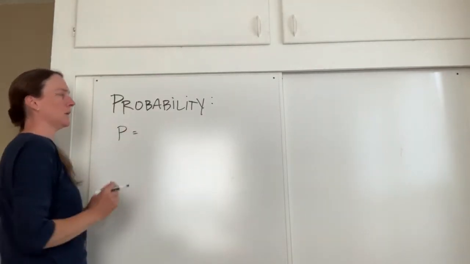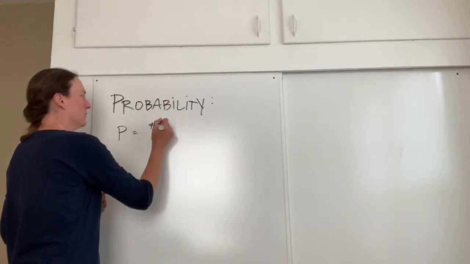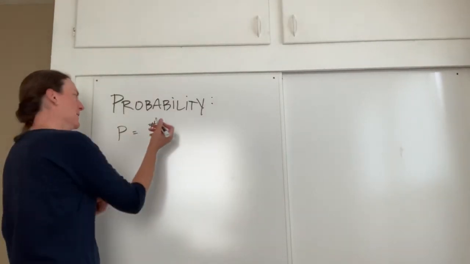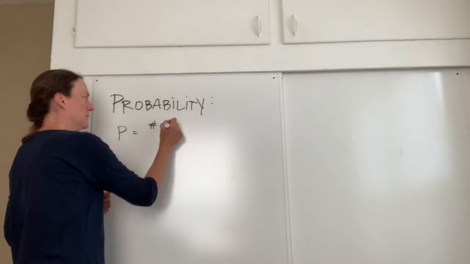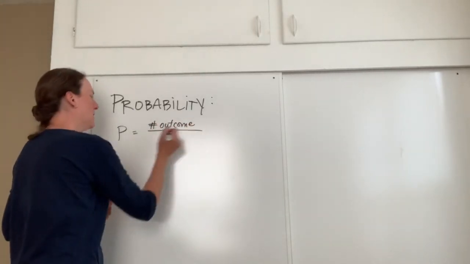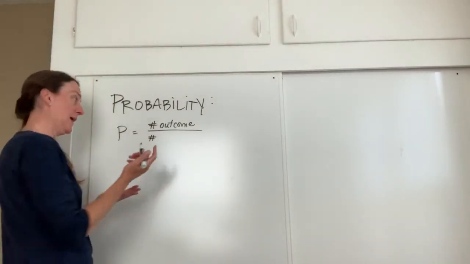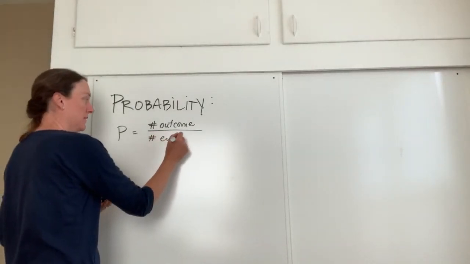So probability is equal to the number of times some outcome that you're interested in happens, out of a total number of possible times for it to happen, which I'm going to call the number of events.